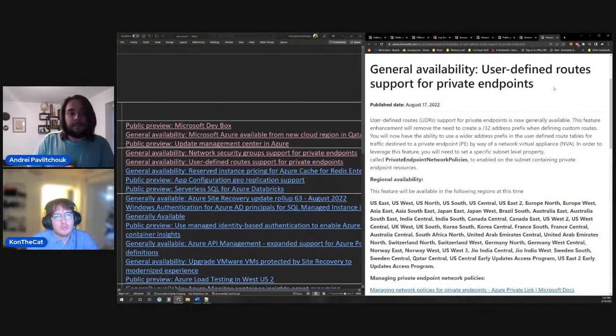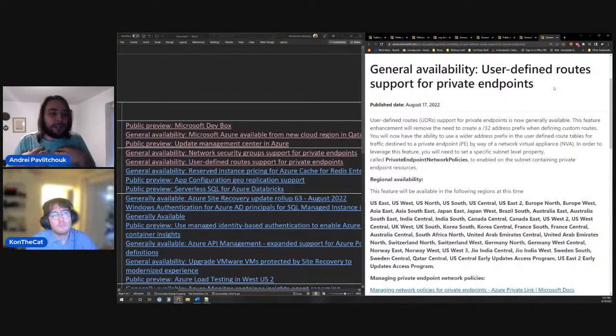Of course. I guess it's just not clear to me why I would want to mess with the routing if I can just configure firewall rules. I guess maybe to prevent some sort of man in the middle attack.